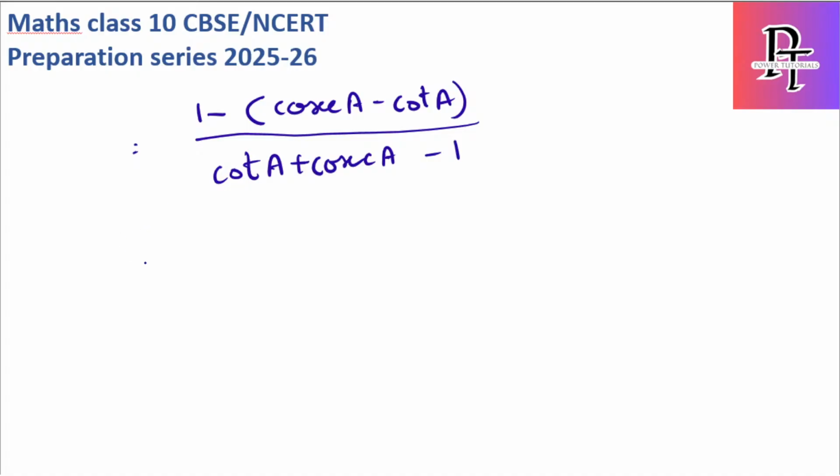Okay, so what is the identity related to cosecant and cot? We have cosecant square a minus cot square a is equal to 1.